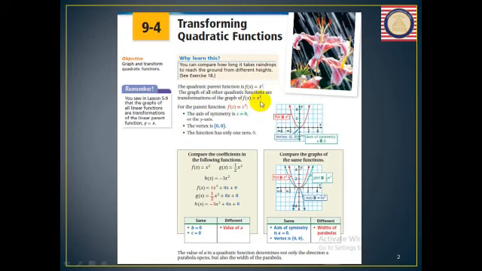For the parent function, its axis of symmetry is x equals 0, or the y-axis, okay? And the vertex is (0, 0). The function has only one zero, which is 0, okay?